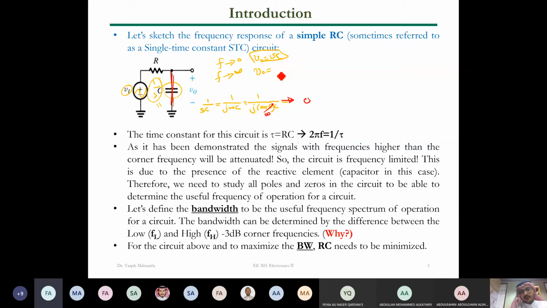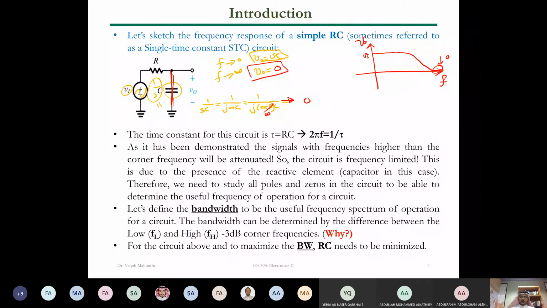If this one is 0, it means it is shorted, so your V output now is 0. So if you draw the V output versus frequency, you should get something like this: it starts at VI, and at the end of the day it will go to 0, regardless of where it goes to 0 now.